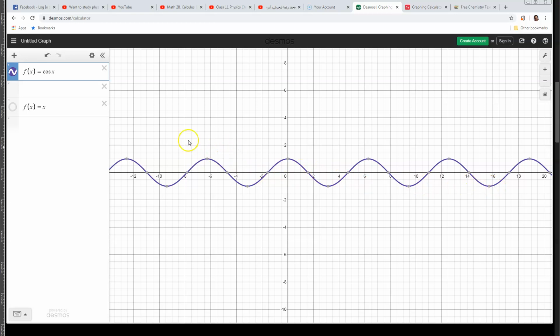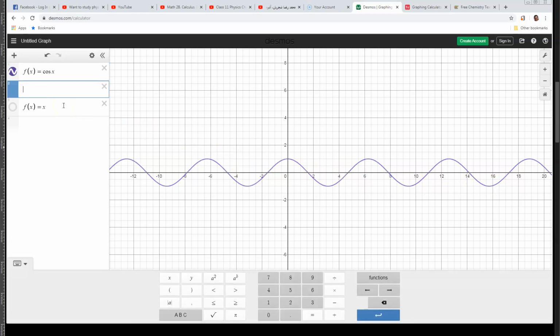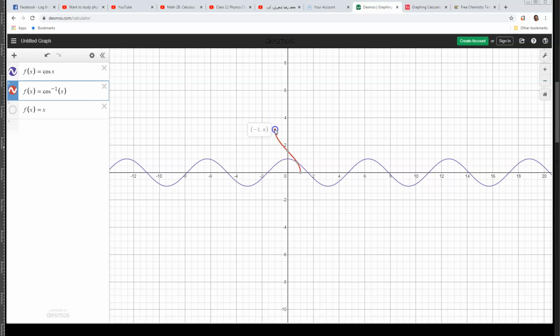Now, if I draw the graph of f of x equals cos inverse of x, over here the function goes through -1, pi, and over here you have it at 1, 0.